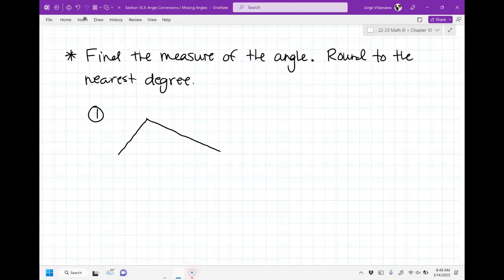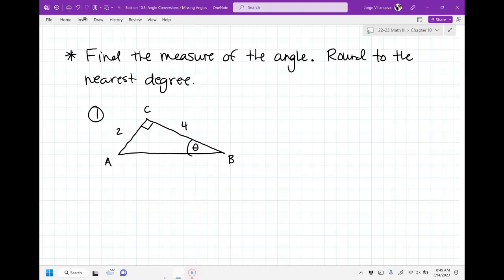So the first one looks like this. We're going to draw that out. Now your job is to figure out which trig function I'm going to use.